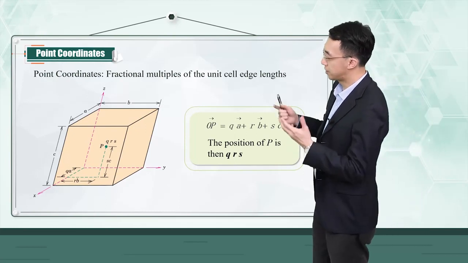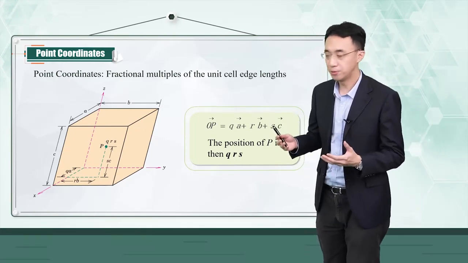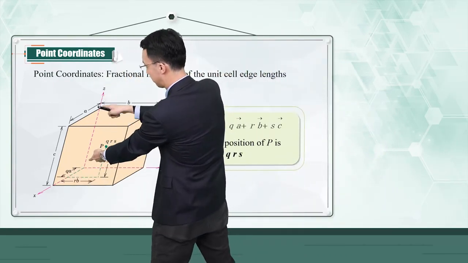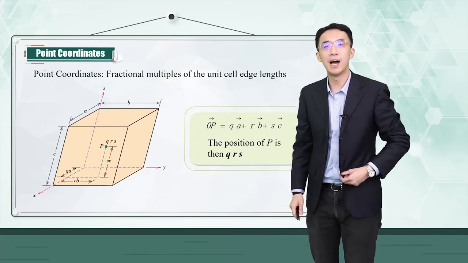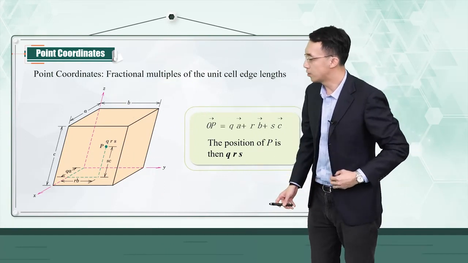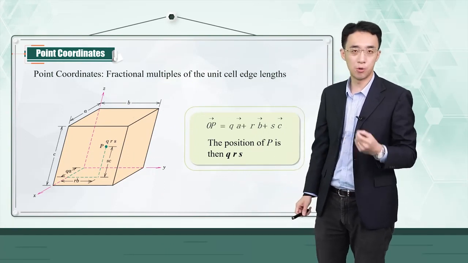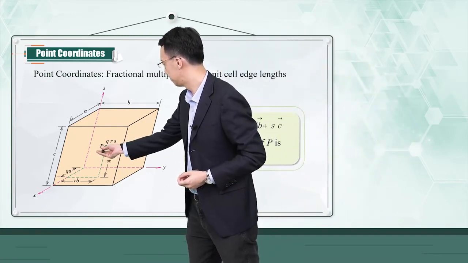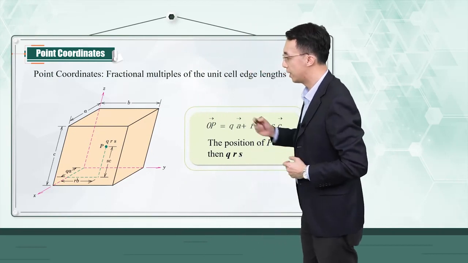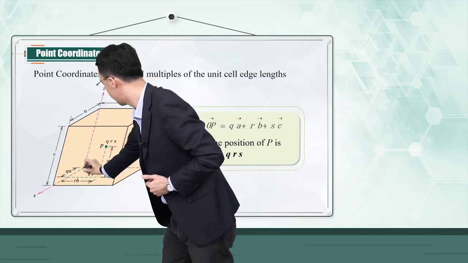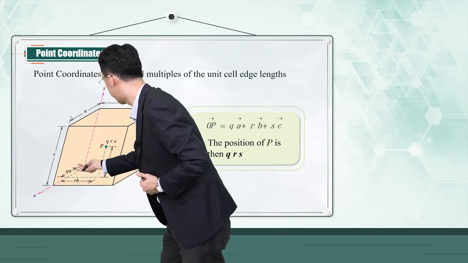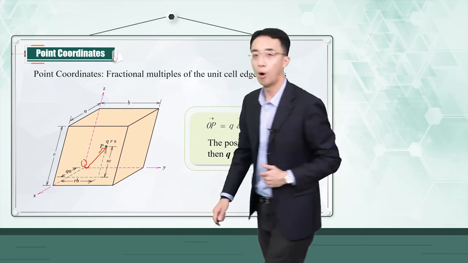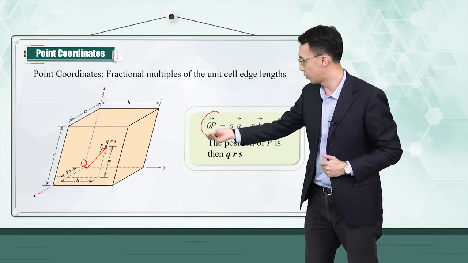For example, if you have a unit cell characterized by A, B, and C, which are unit cell edge lengths, and you want to write down the coordinate position of this point P, what you need to do is write a vector from your origin O to P. So OP is this one.